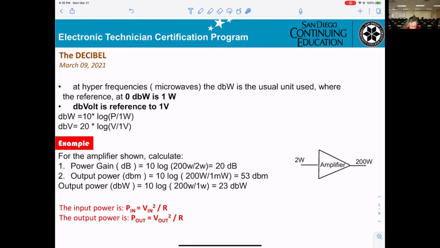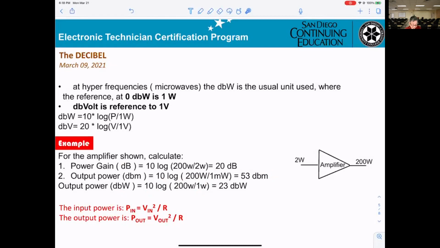Output power, you can take 10 times log of 200 watt divided by 1 milliwatt. That gives you 53 dBm. Output power in dB watt, using the formula 10 times log of 200 watt divided by 1 watt, you get 23 dB watt.